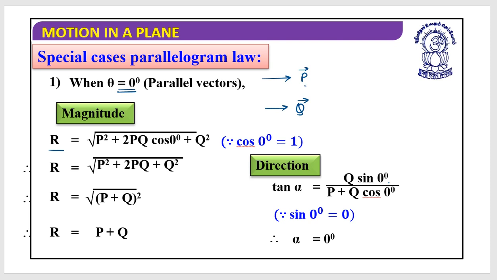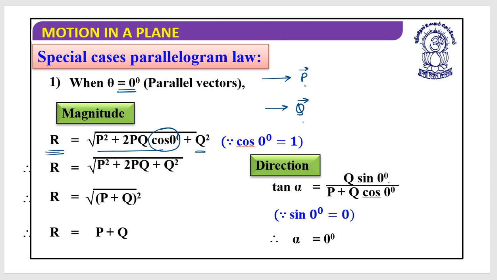So if two vectors are acting at a certain point or on a certain object simultaneously, I need to find the resulting vector. Let's first work out the magnitude. I write r is equal to root of p square plus 2pq cos 0 degrees plus q square.